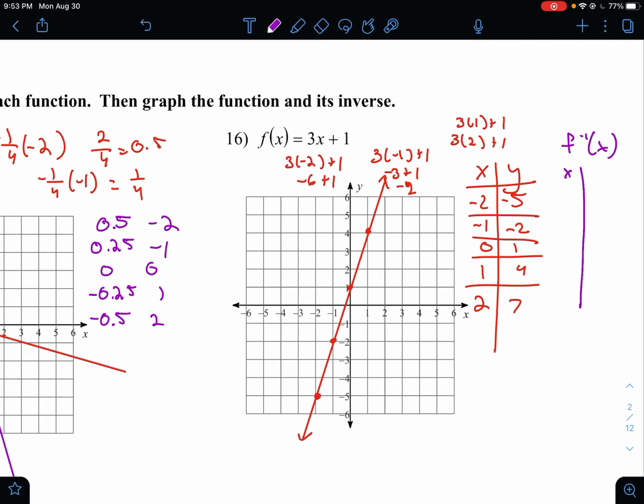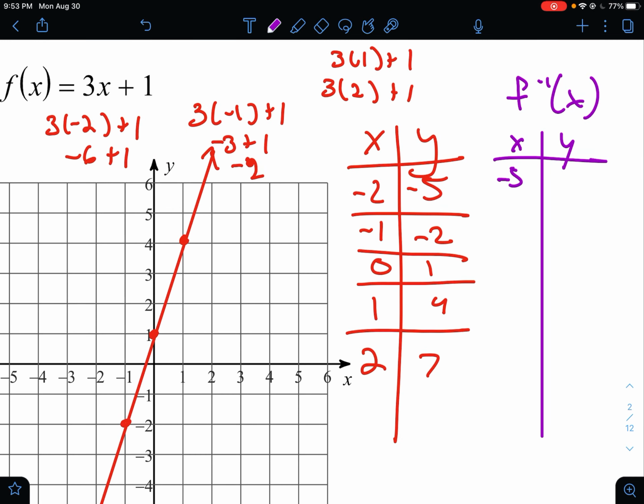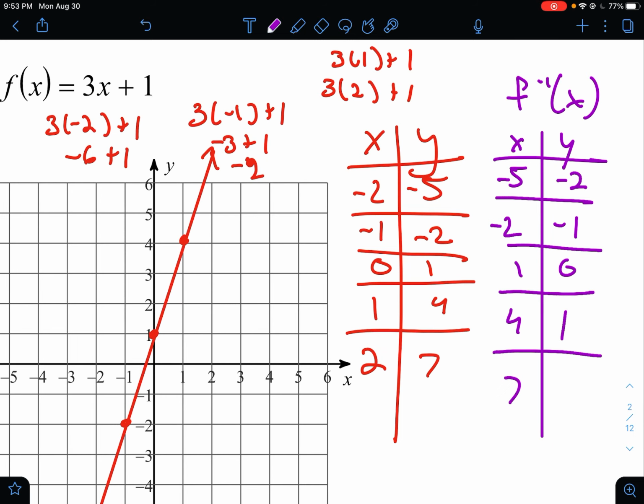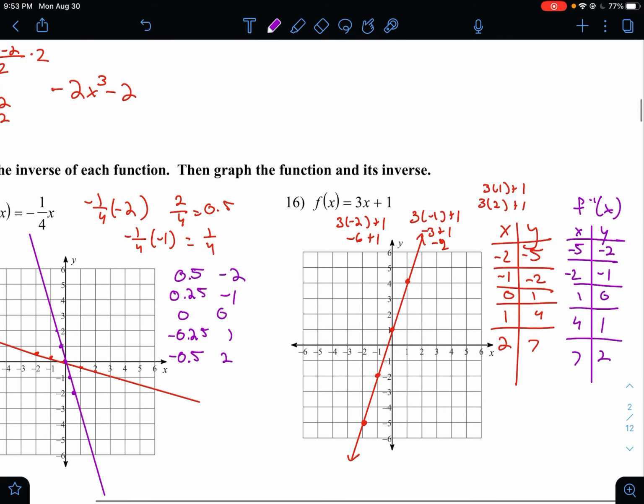And we get x, y, and we flip-flop, so we get negative 5, negative 2; negative 2, negative 1; 1, 0; 4, 1; and 7, 2. So let's go ahead and plot this. And that other guy's off, so don't worry about him. And that is our inverse.